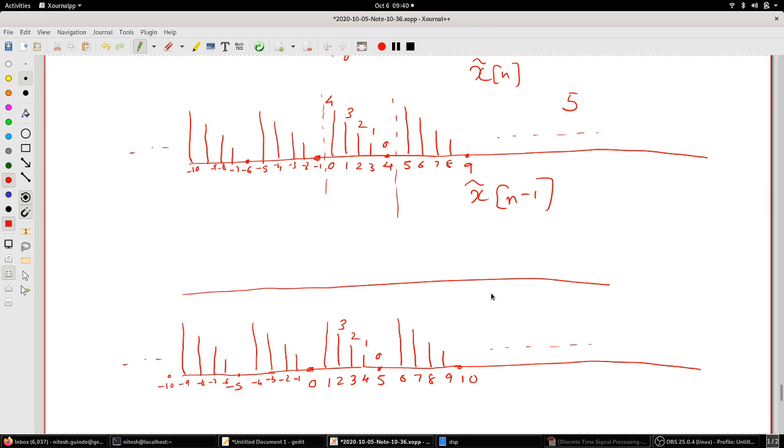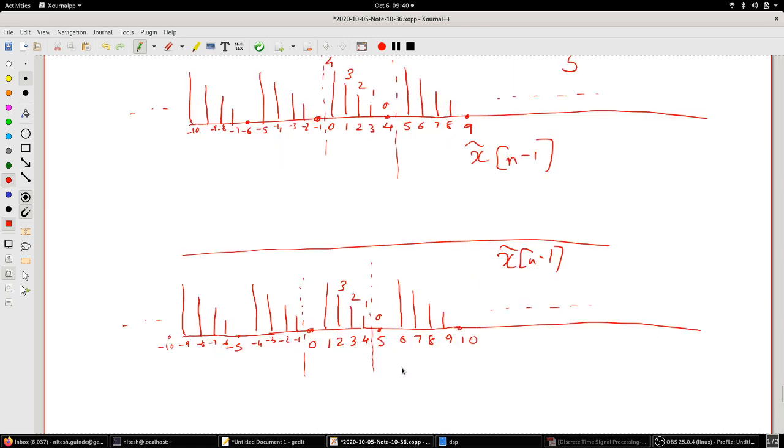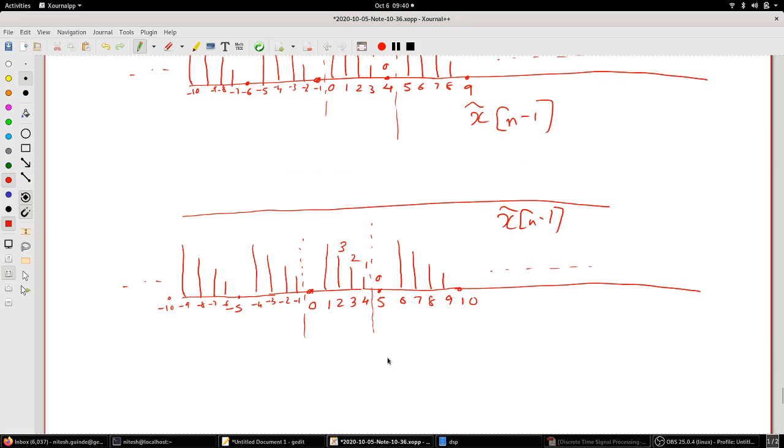So for x tilde of n minus 1, I am interested in only this period, right? Think about this sequence x tilde of n. I'll just take one period which is 4, 3, 2, 1, 0.